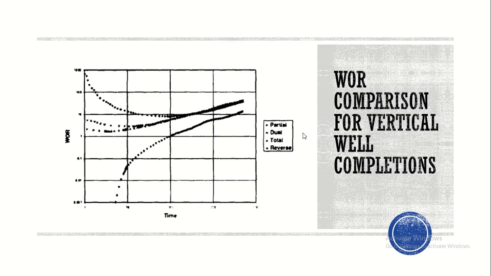As for WOR, as noticed in the graph, all three initially have different WOR, and then at later times they will all have the same WORs. As for reverse penetration, as stated in its definition, it will have a lower WOR at first and increases, but still lower than the other three.